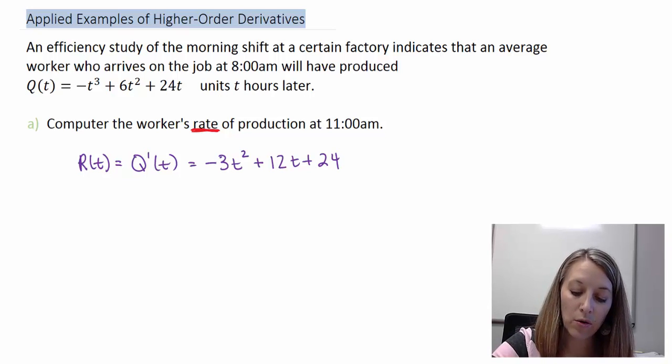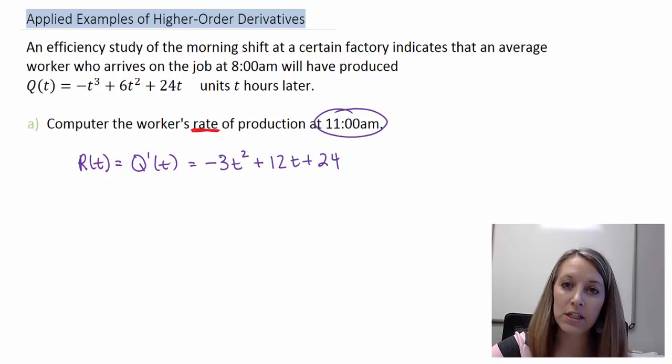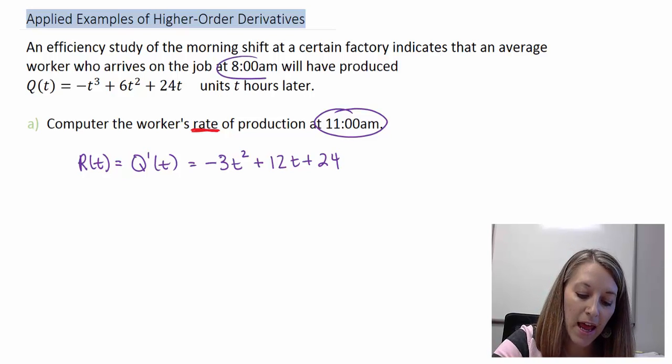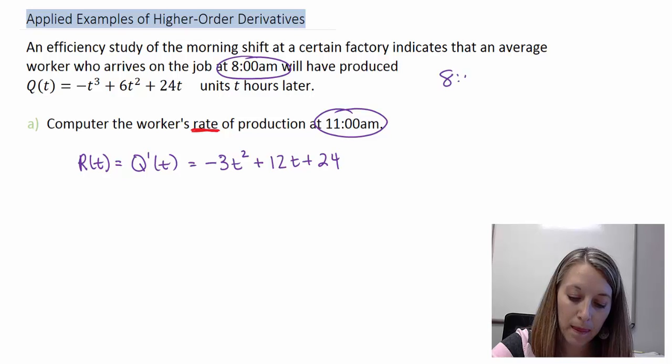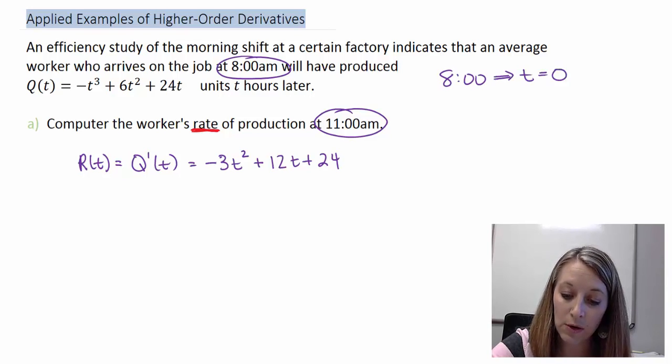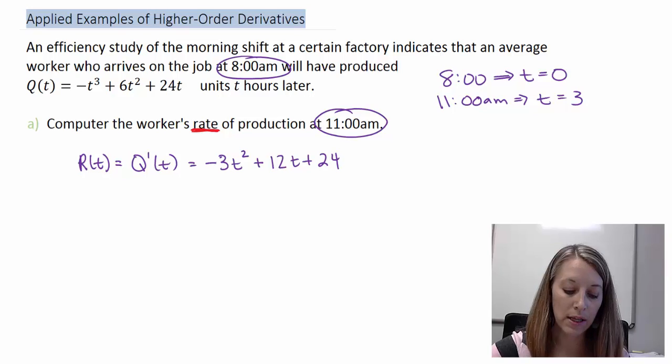So this is my rate equation. If I want to figure out the rate at 11 a.m., I just need to substitute the corresponding number. Well, if at 8 a.m. our time is equivalent to 0, that's our initial starting time, then at 11 a.m., our corresponding time is going to be 3 because it's 3 hours later.